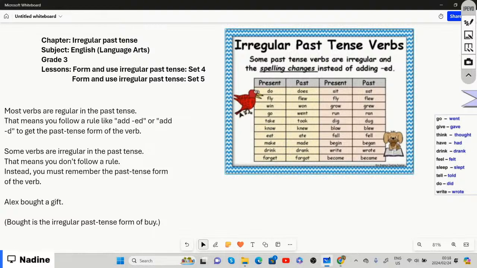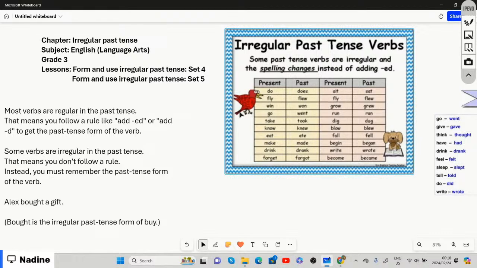Go to the shop. And yesterday I went to the shop. So went is the past tense verb. Give. The past tense is gave.